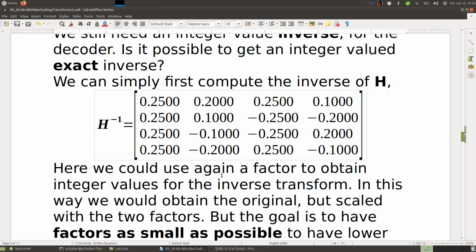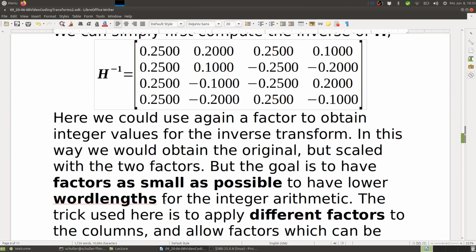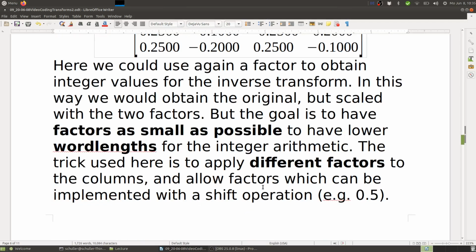Here we could use again a factor to obtain integer values for the inverse transform. In this way we would obtain the original but scaled with 2 factors. But the goal is to have factors as small as possible to have lower word length for the integer arithmetic. The trick here is to apply different factors to the columns and allow factors which can be implemented with a shift operation.